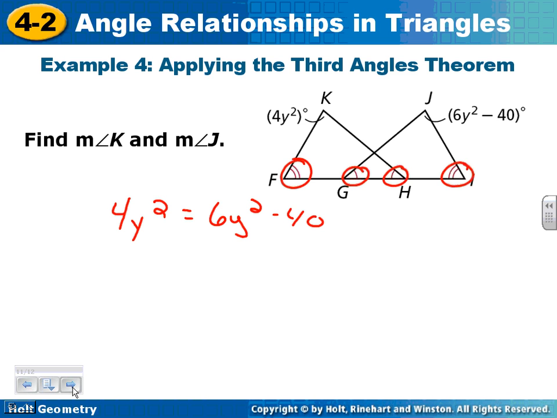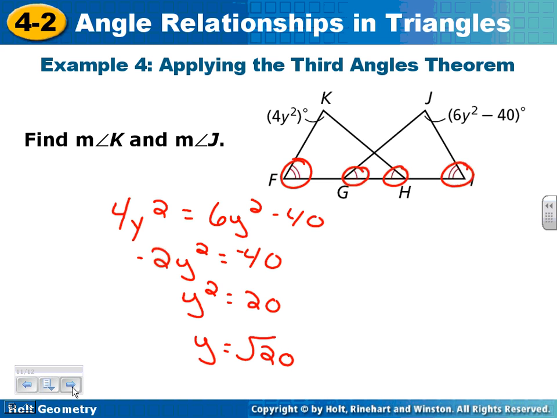Well, solving that, I would subtract 6y squared to get a negative 2y squared is negative 40. Divide by negative 2, so y squared is 20. In other words, y is the square root of 20, and we can put that into a decimal if we wanted to. But I'm not quite done because I need to find these angles.